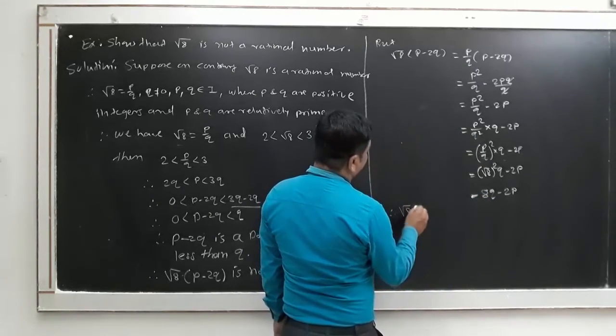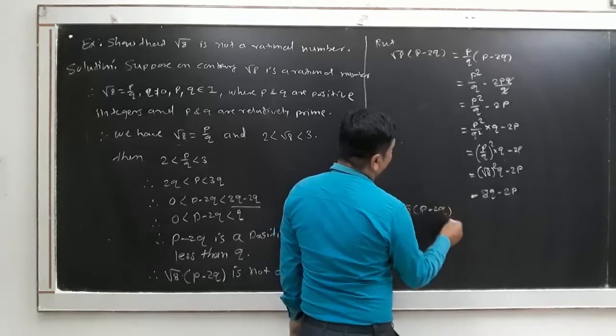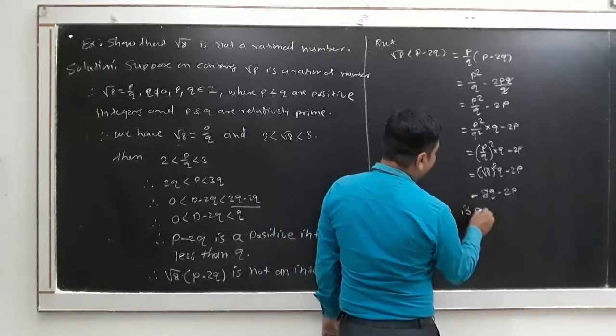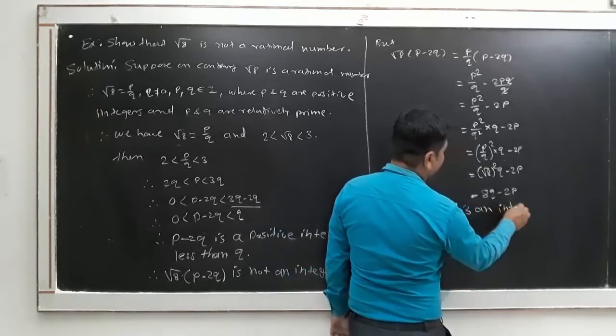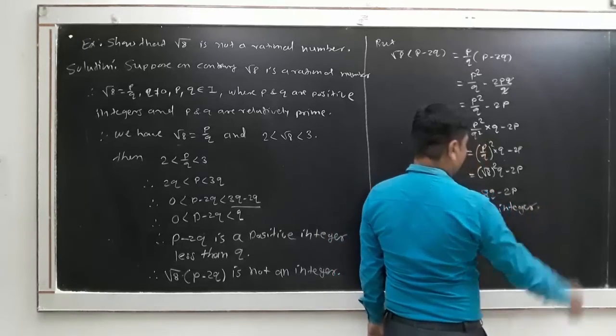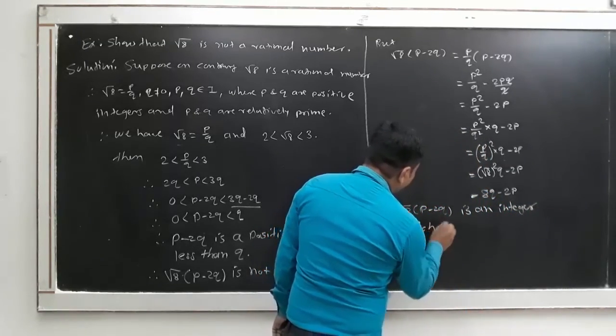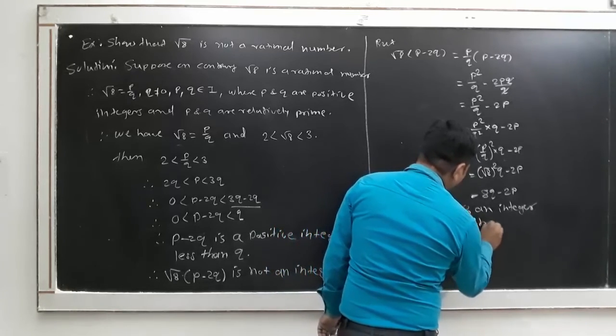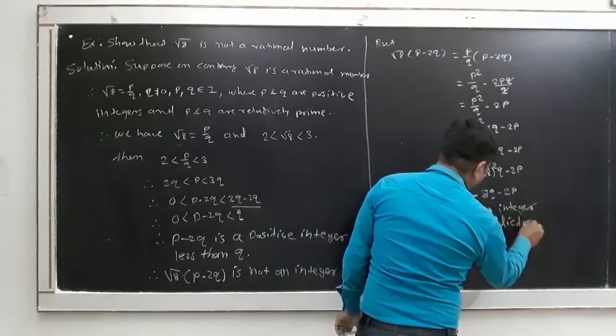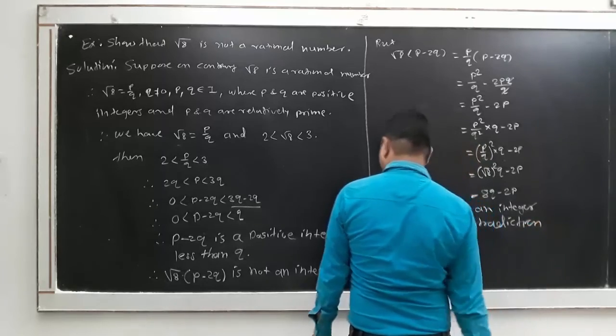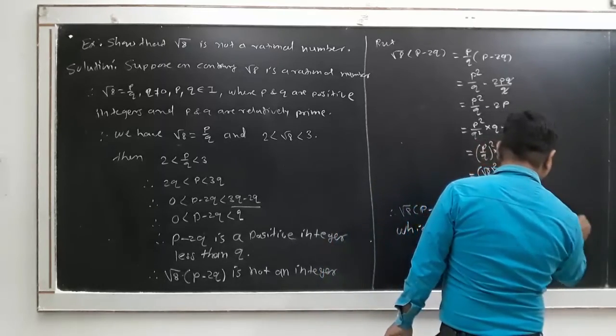Therefore root 8 into P minus 2Q is an integer, which is a contradiction to star.